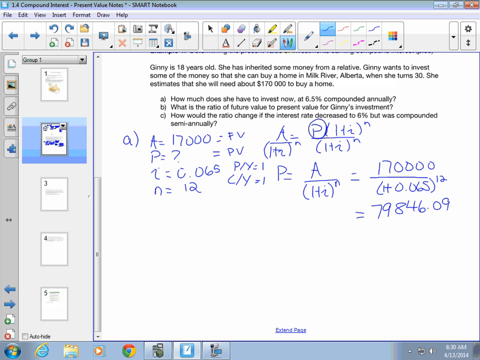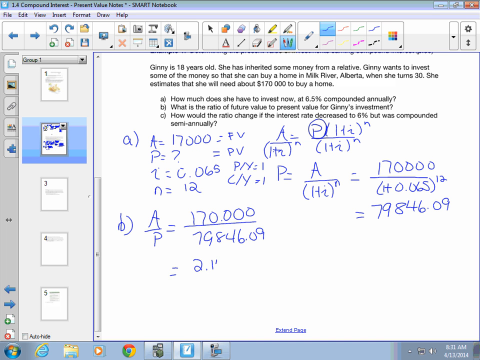B says, what is the ratio of the future value to present value for Ginny's investment? So it's future value over present value: 170,000 over 79,846.09.